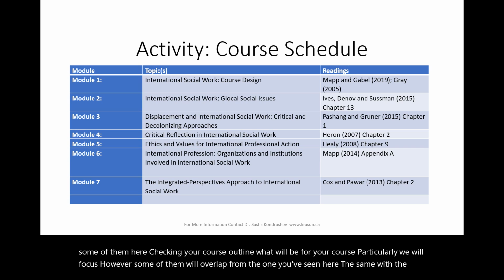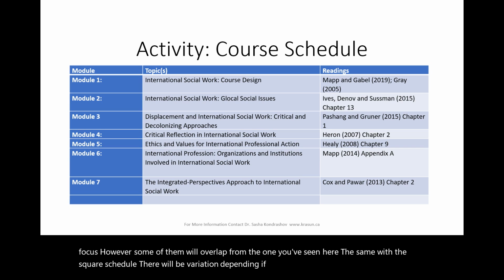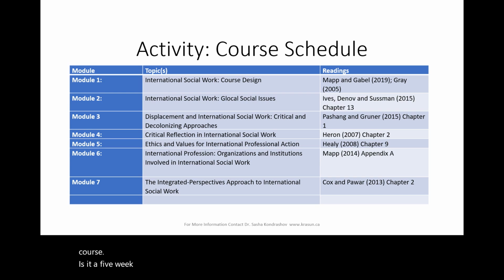There will be variation depending on whether your course is 12 weeks, 7 weeks, 5 weeks, or 6 weeks. Usually the minimum I have is 6, as the first module is just an introduction.